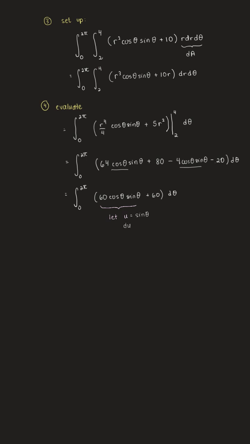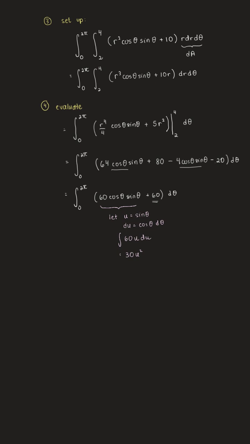Then du is cosine theta d theta, and so this will be the integral of 60 u du. So that'll be 60u squared over 2, or 30 u squared, where u was sine theta. All right, and when we integrate 60, that's just going to be 60 theta.